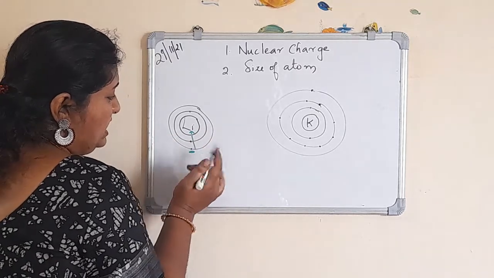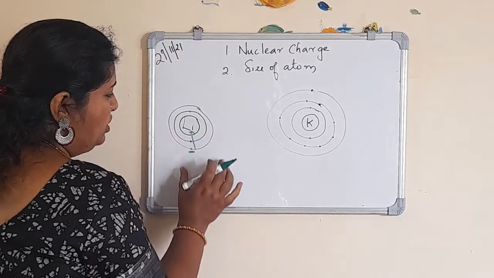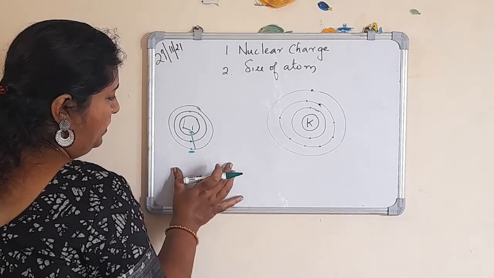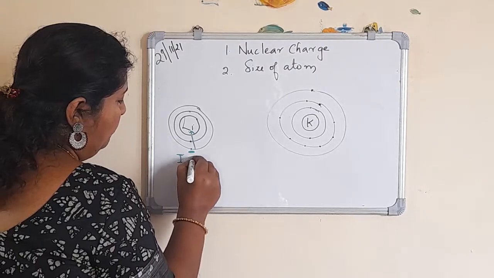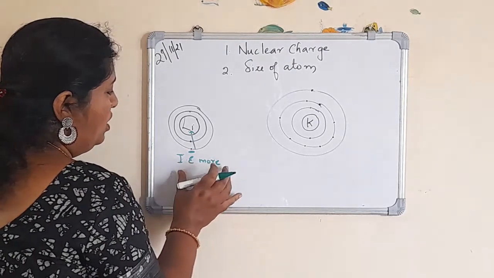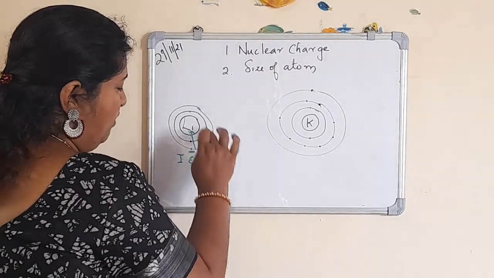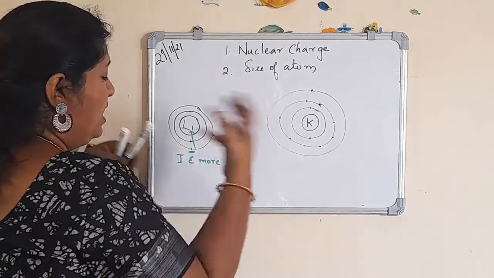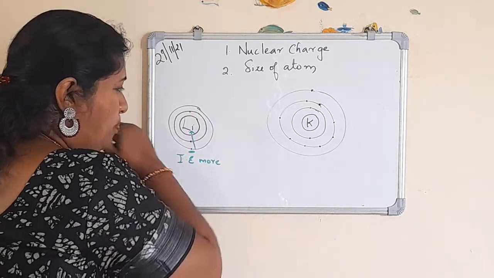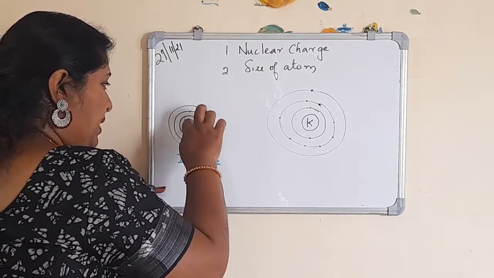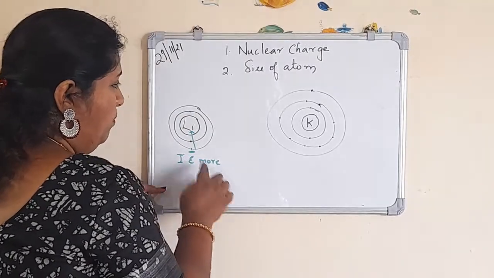The gap is not much. So here ionization energy will be more in the first element because attraction is more. Nucleus and the electron are very near, so the electrostatic force of attraction will be more. So more energy should be needed to remove this electron, because it is very difficult to break that force of attraction between the nucleus and the electron. So ionization energy will be more.